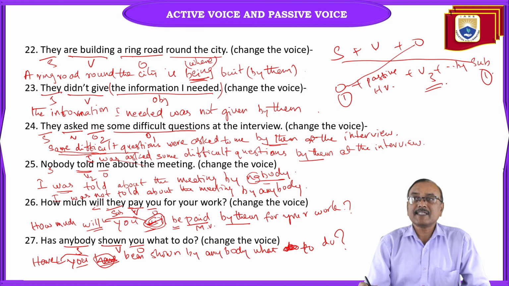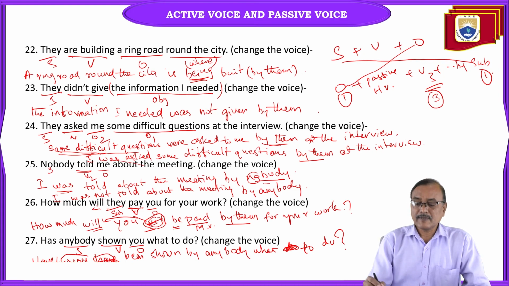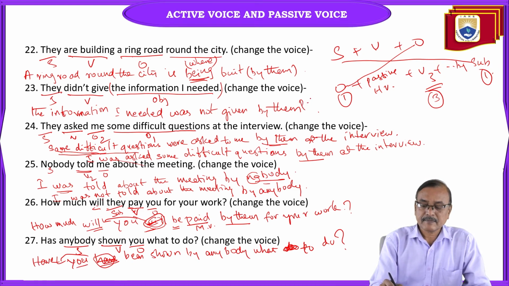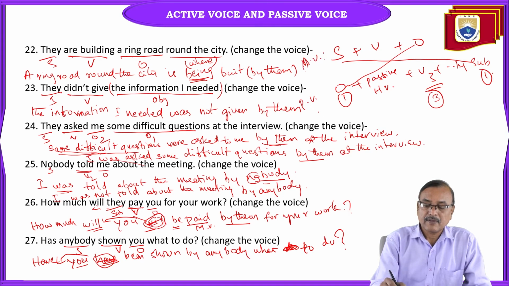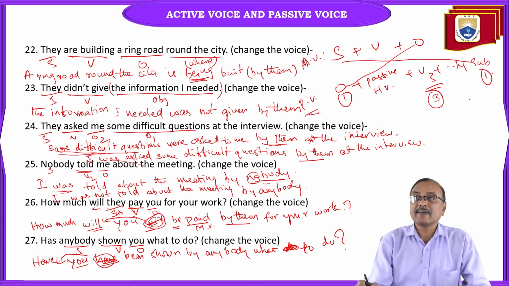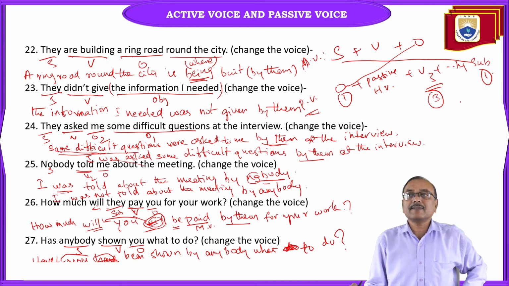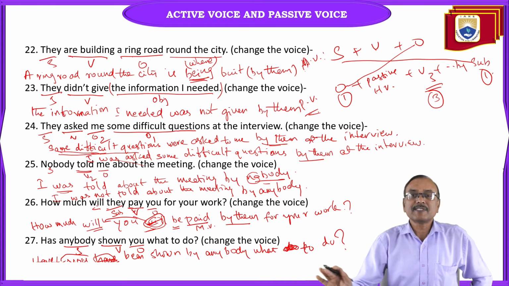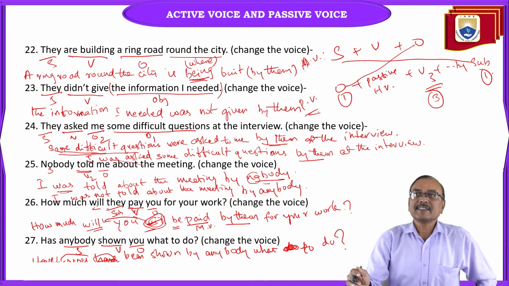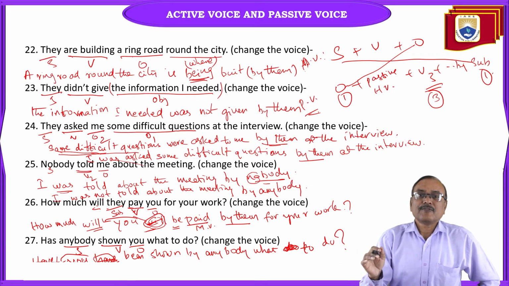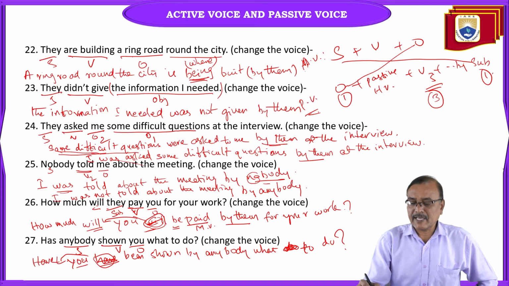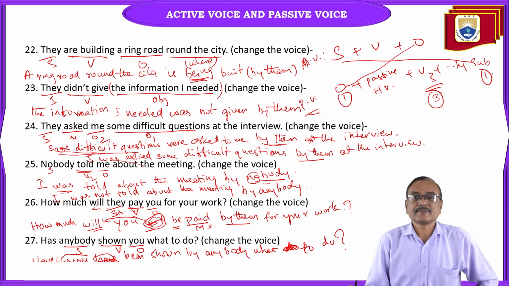And remember this V3. Verb in passive voice is always in V3 form. Remember rule 3. This is the same in all tenses: the main verb in passive voice is in V3 form.